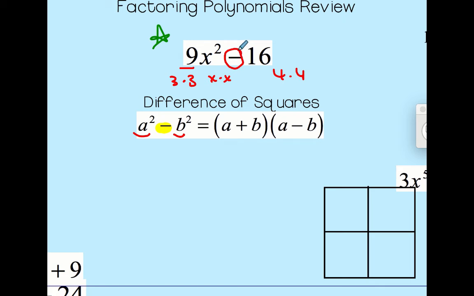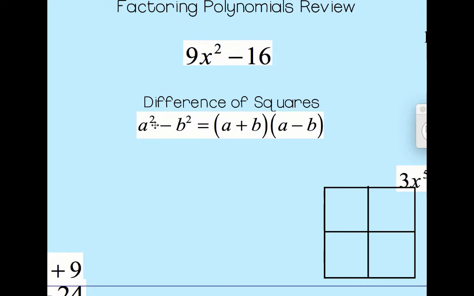And how it works to factor, remember, is this happens to be the square root of a squared. So I take the square root of the first term, write it down, take the square root of the second term, write it down, put a plus in between the first set, copy it again, but change the sign to minus.